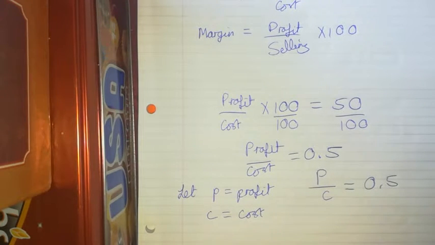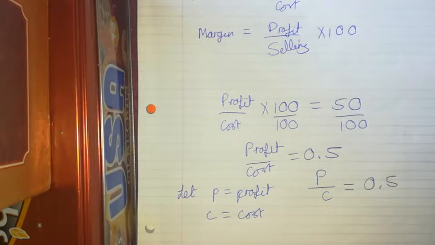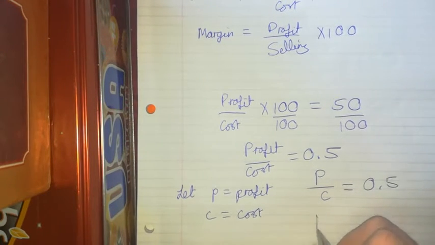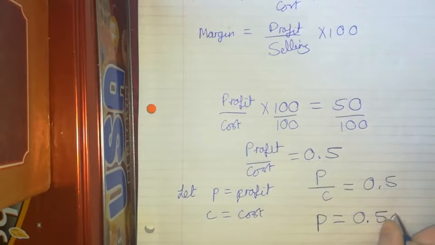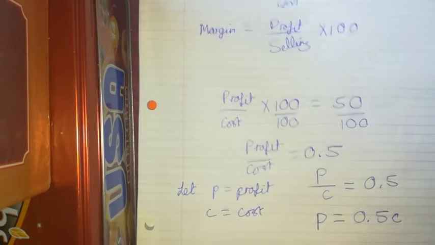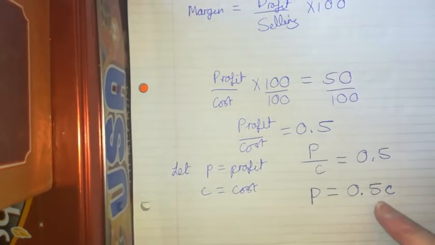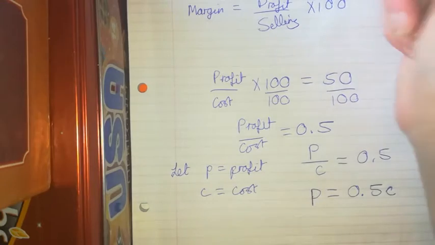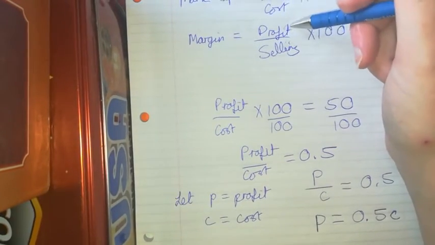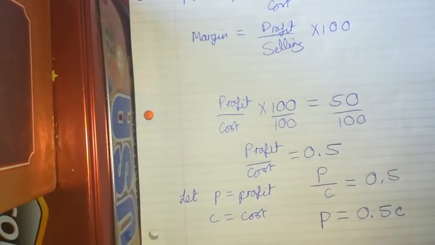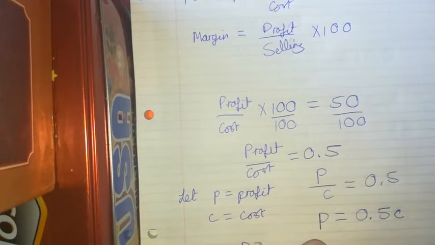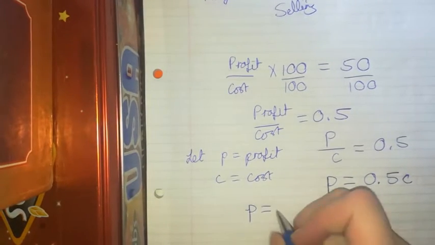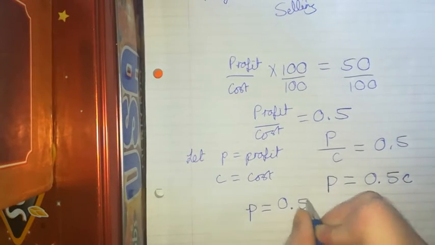Let's say I wanted to express this all in terms of the cost: the profit is 0.5 of the cost. I need the profit over the selling, and I only want one unknown, because maybe they'll cancel on the top and the bottom. So if I get everything in terms of the cost, the profit is 0.5c.